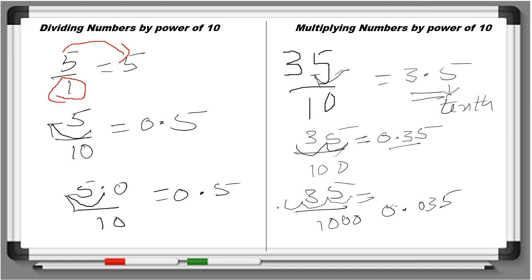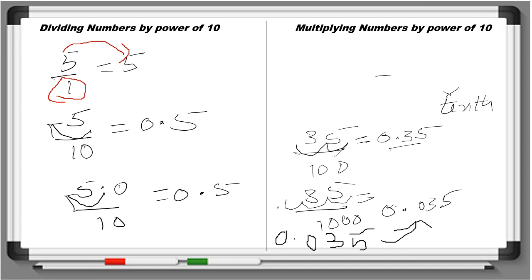The decimal moves 1, 2, 3 places. So here, before the decimal, I will write 0 point. In this place I will take 0, then 3, then 5. So it will be 0.035. Now see here, boys, what I will do.